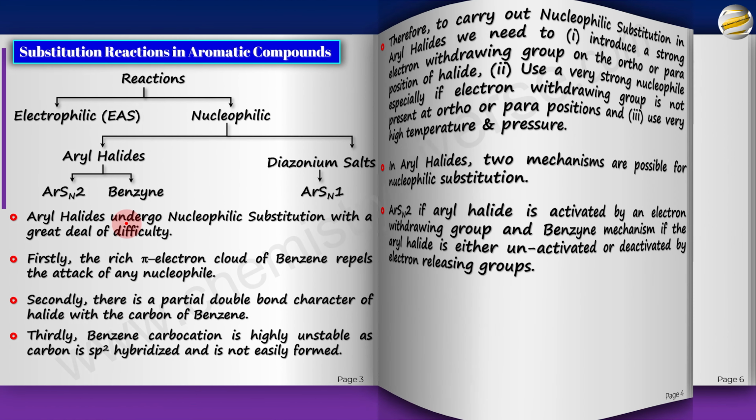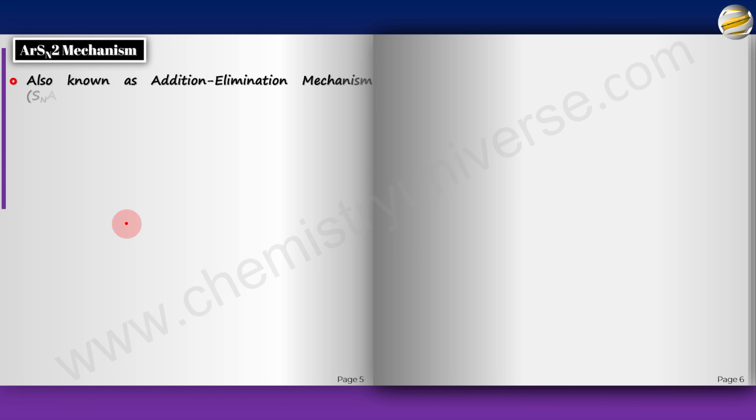So we're looking at the ArSN2 mechanism, and we also call it the addition elimination mechanism because first something adds and then that thing leaves. And so like this, you have para-nitrochlorobenzene.